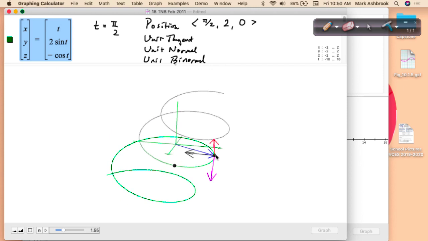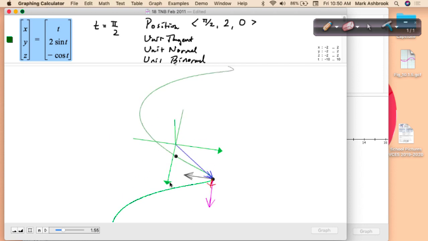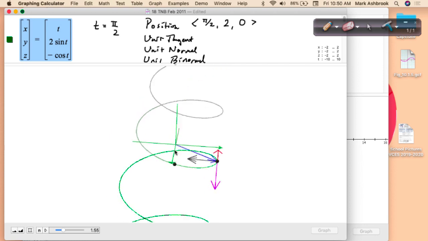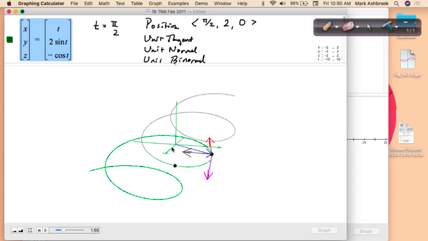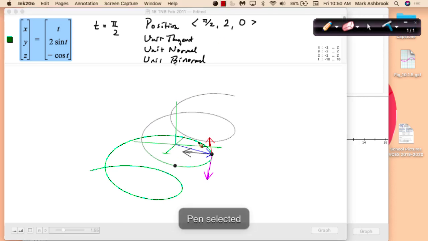Because we're out here on the helix, at the very right edge of the helix, that vector is also going to be in the xy plane. Do you see that? So which one is that? Unit normal. It's 0, negative 1, 0.